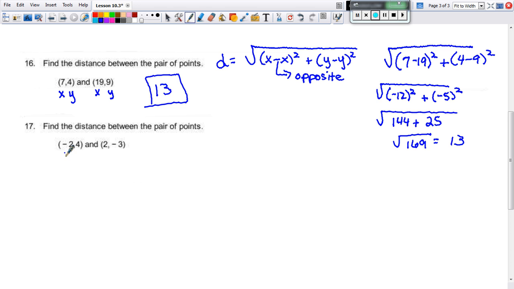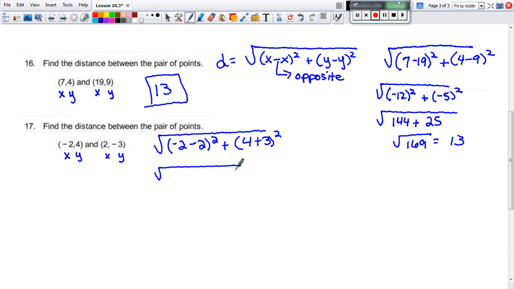The next one, the same thing, xy, xy, the square root of x, negative 2, and then this one, the opposite of positive 2 is negative 2, and I square it. Plus, for my y's, I've got a 4, and the opposite of negative 3 is positive 3, and I square that.